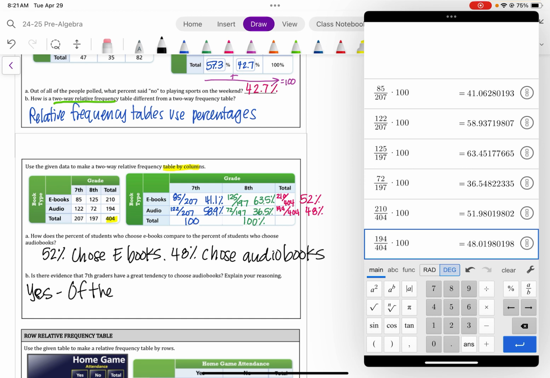Of the 7th graders, 58.9% chose audiobooks. And 41.1% chose ebooks.